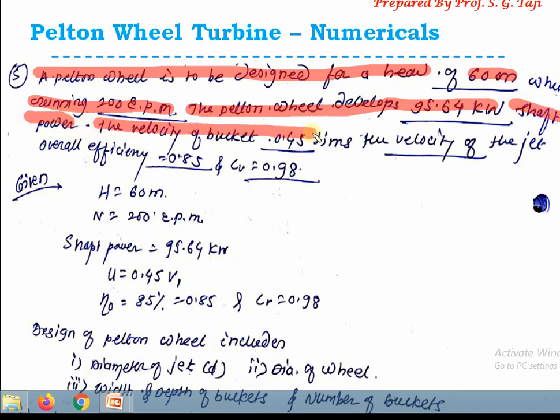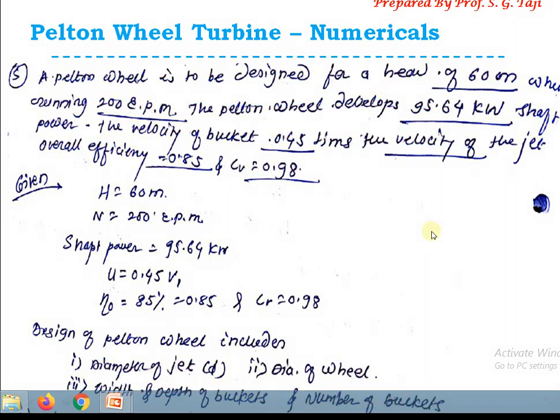The velocity of bucket is 0.45 times the velocity of jet, and overall efficiency is 0.85, and CV is given as 0.98. So for this given data, we need to design the Pelton wheel turbine. So design of Pelton wheel turbine includes the diameter of jet, diameter of wheel, and width and depth of bucket, and number of buckets. So those we have already discussed.